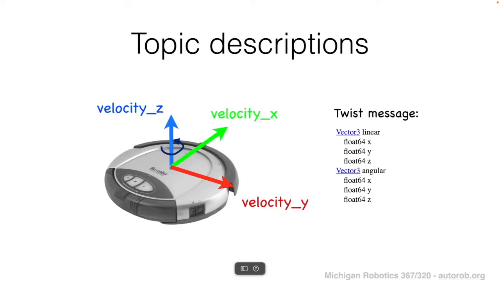Any topic that is going to be using the twist message type, the twist message type is intended to express planar motion. So you have a linear component which has a velocity in the XYZ, and then an angular component describing a velocity in the rotational degrees of freedom.